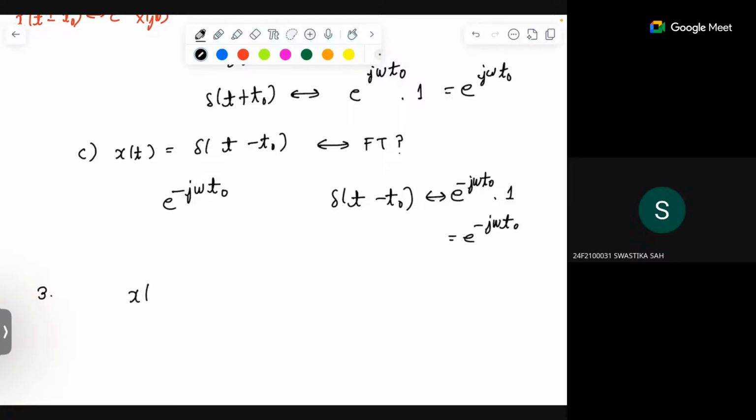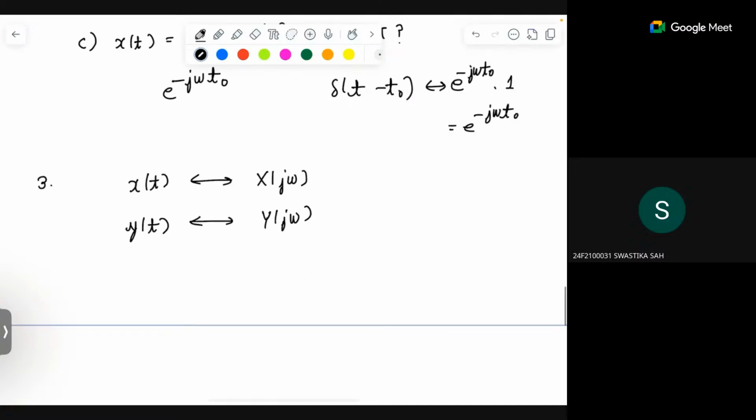So, x of t has a Fourier transform given by X of j omega. y of t has a Fourier transform given by Y of j omega. y of t is equal to x of 1 minus t plus x of minus 1 minus t.